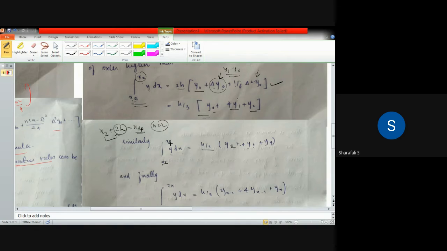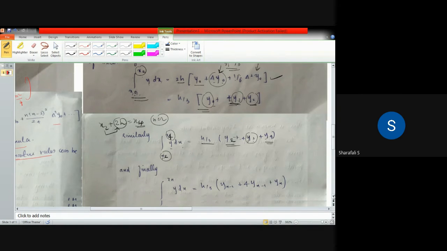Remember, here the limit is x0 to x2, so we have y0 and y2, and in between you have 4y1, the y value in between these two. Here the limit is x2 to x4, so you have y2 and y4, and 4 times y3, the y value in between these two.